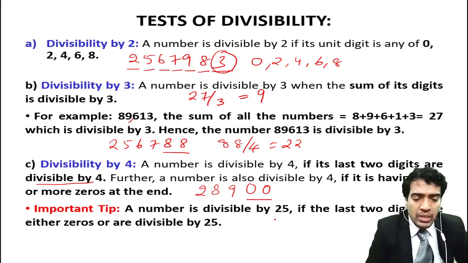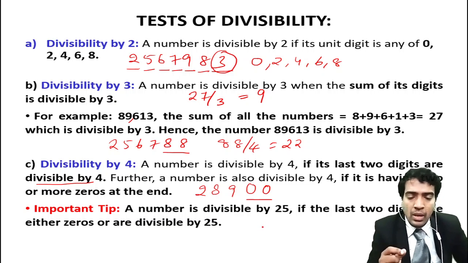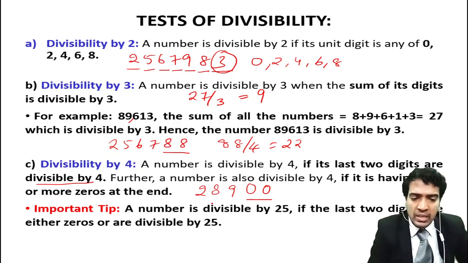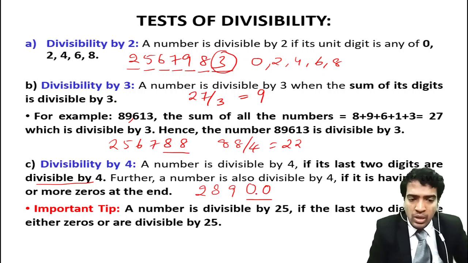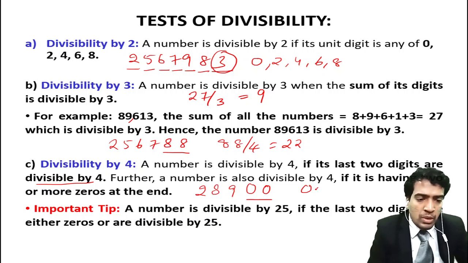If the unit digit and the 10th digit, the last two digits of a number are either zeros or divisible by 25, then it is also a number that is divisible by 25. If you look at this example, 28900, the last two digits are zeros, so it is divisible by 25.